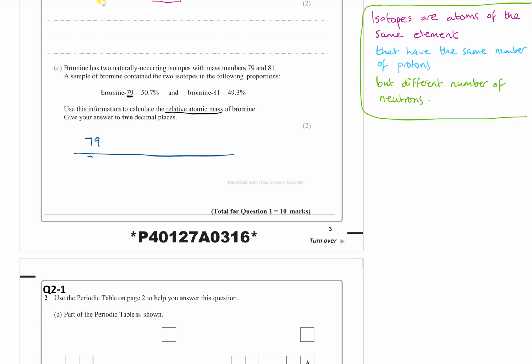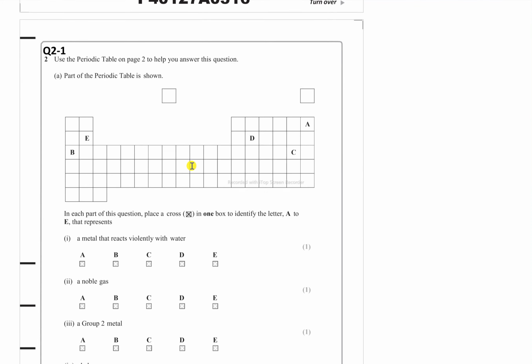Put 79 times the percentage plus 81 times 49.3, which is a percentage, divided by 100. Those two will add up to 100%, and that goes at the bottom. And you should get 77.99. That's it, done. It's a maths question more than anything else.